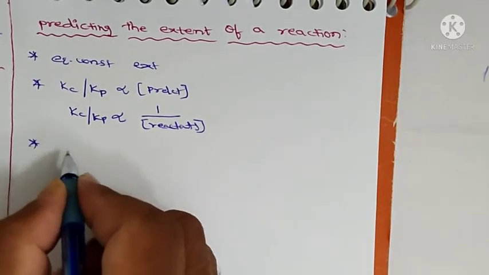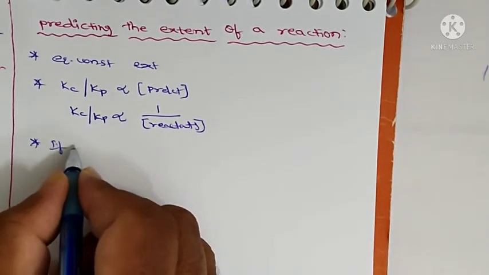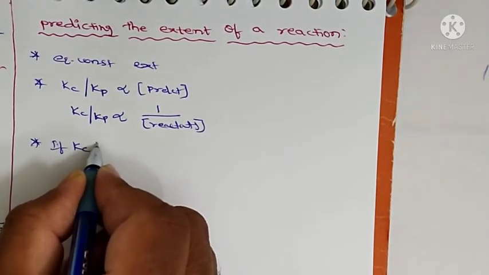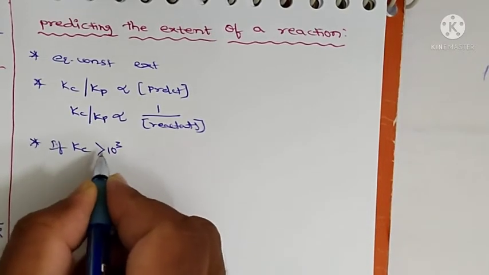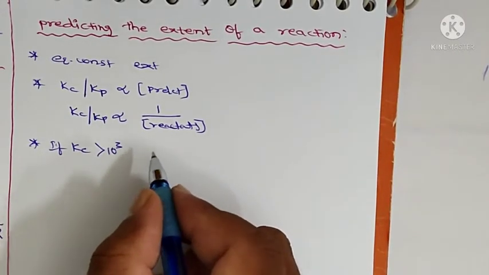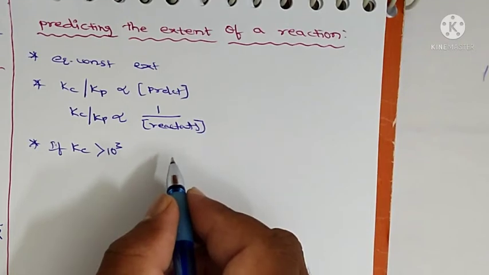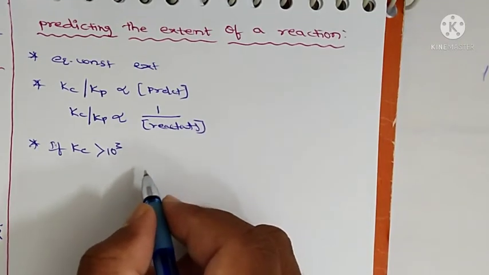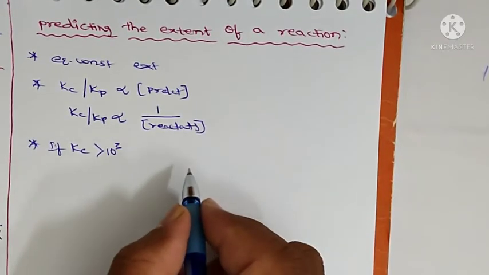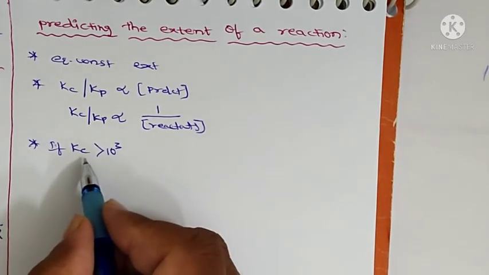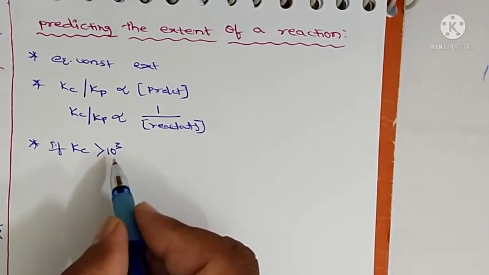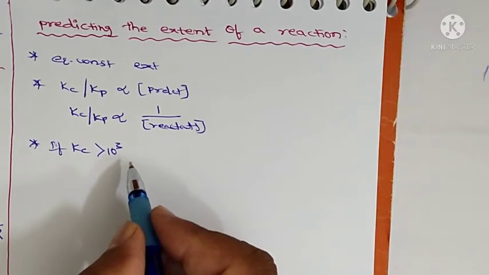If Kc is greater than 10 to the power of 3, the products predominate over the reactants, and the reaction is almost complete. So if Kc is more than 10 to the power of 3, the reaction is almost complete.